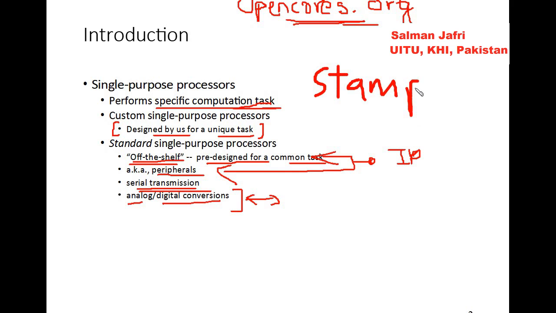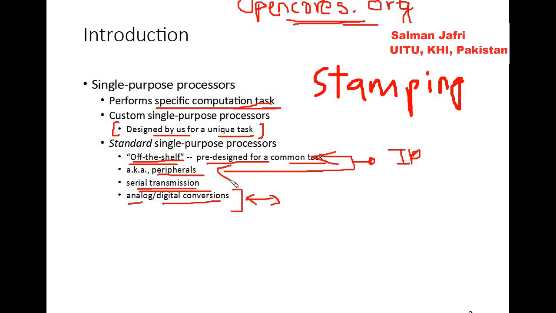So basically, when you have a hardware version of a peripheral, you can directly use it with your hardware IC of a single purpose processor by using the process of stamping.